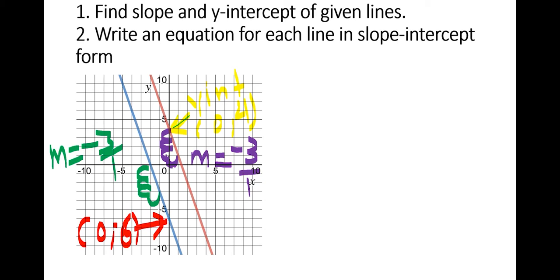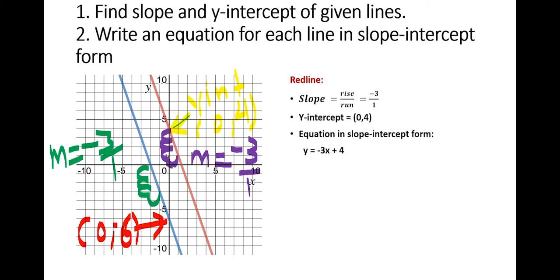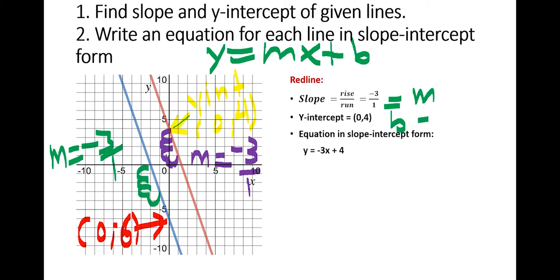Now the equation for the red line in slope-intercept form, y equals mx plus b. Our m again is negative 3 over 1, and our b is 4. So when we plug into the equation, we have y equals negative 3x plus 4.